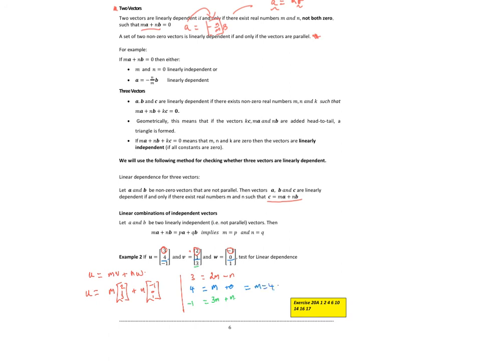So if I substitute m equal to 4, say in there, I'll get 3 is equal to 2 times 4 minus n. Therefore, n is equal to 5, if I've done that right. Yeah. Now, if I substitute both of these into the third equation, negative 1 is equal to 3 times m, which is 4, plus n, which is 5, which is false.